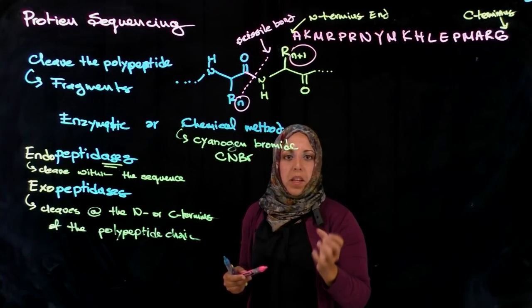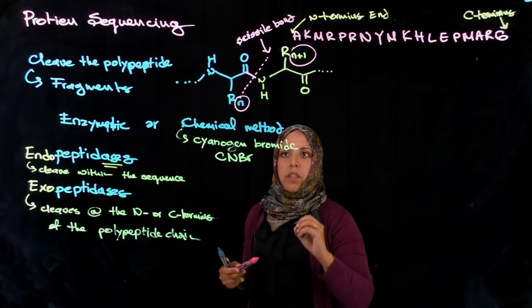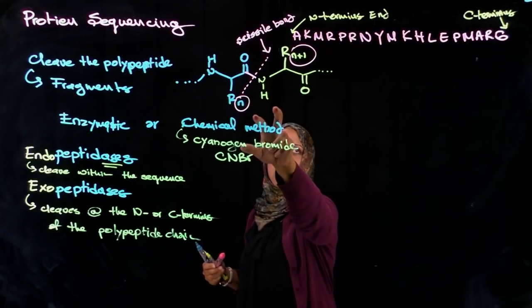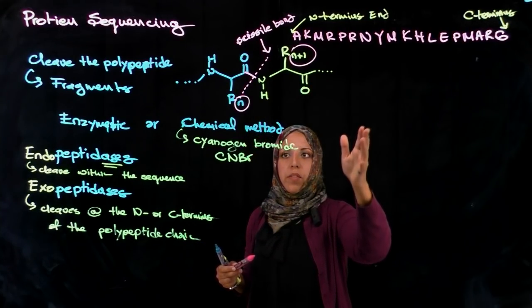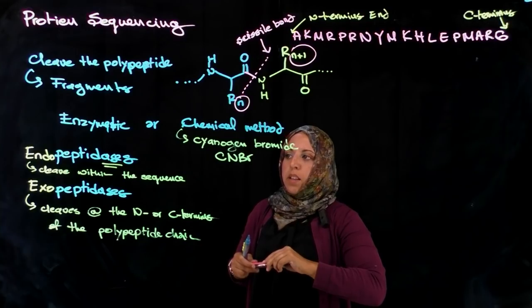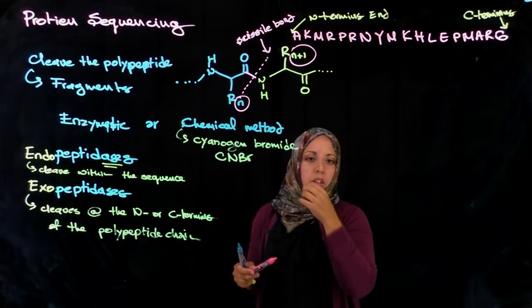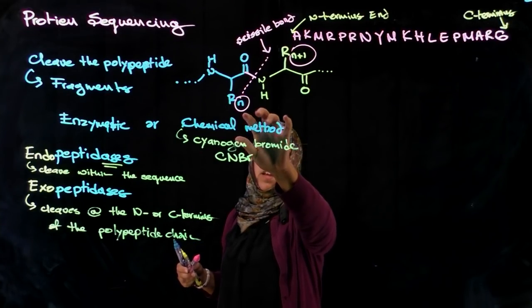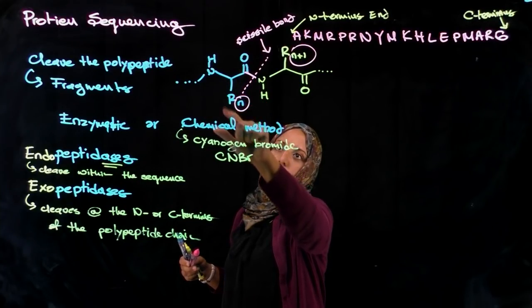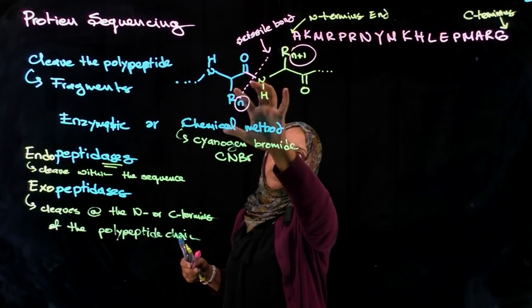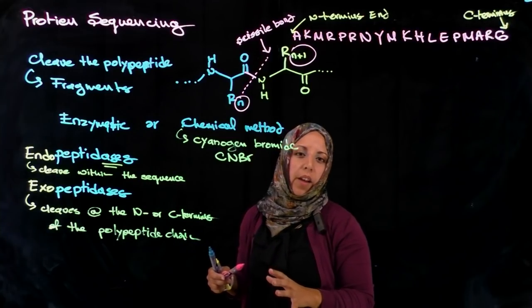Some endopeptidases tend to be highly specific, in that they only recognize specific sequences within the polypeptide chain and cleave at that sequence. Some are a little less specific, meaning that the two amino acids of the peptide bond they're cleaving can vary quite a bit.